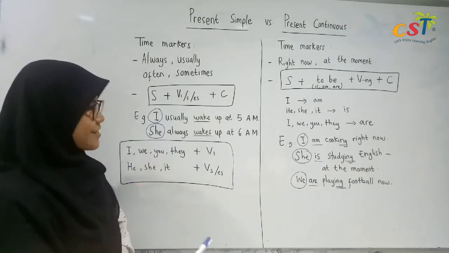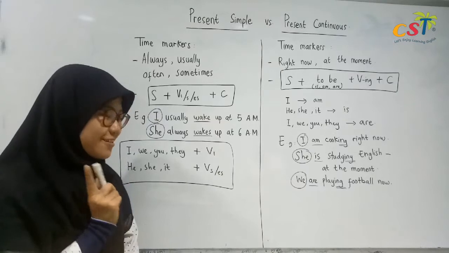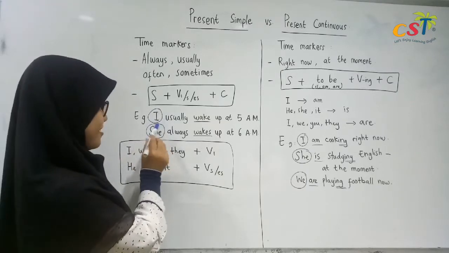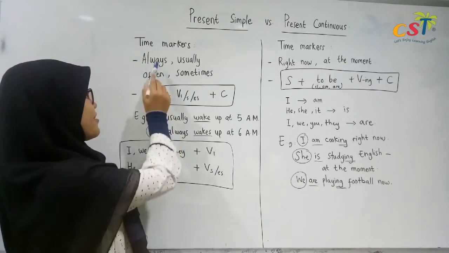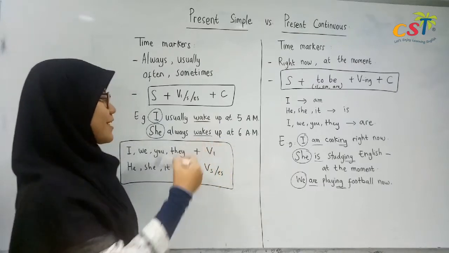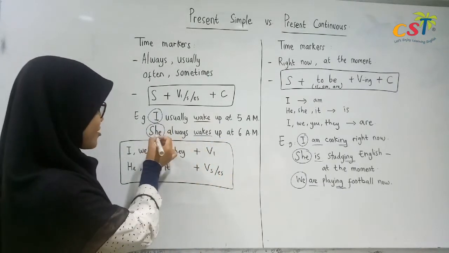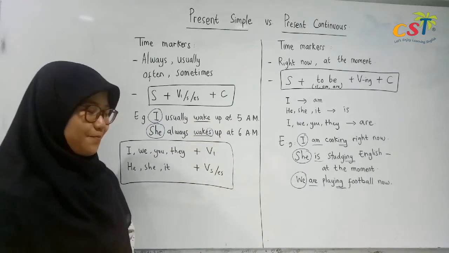Okay, now I give you another example using the other type of subject, which is she. She always, this is the time marker again, wakes up at 6 a.m. Remember, if the subject is she, we have to add S in the verb.